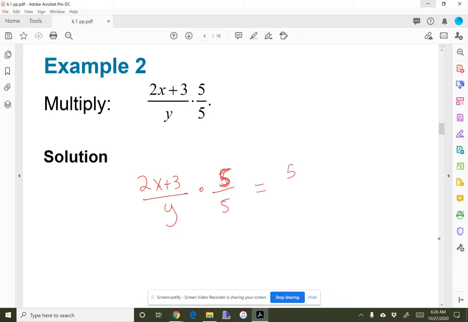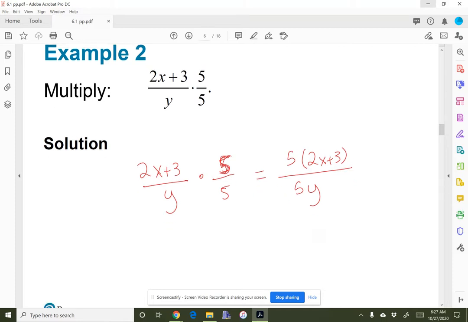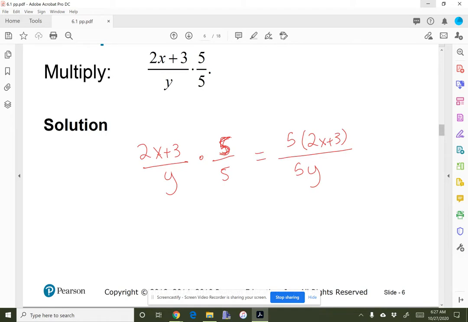So it would be 5 times (2x plus 3) over 5 times y. I would prefer this is your answer, but sometimes they're going to want you to remultiply it out. So a better answer would be to distribute that 5. So it's (10x plus 15) over 5y.